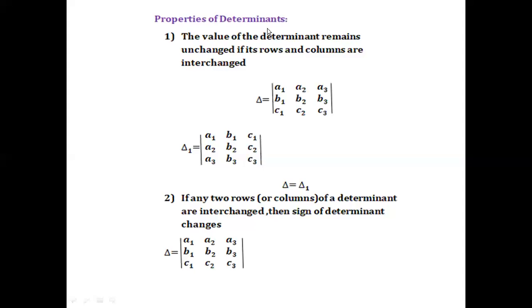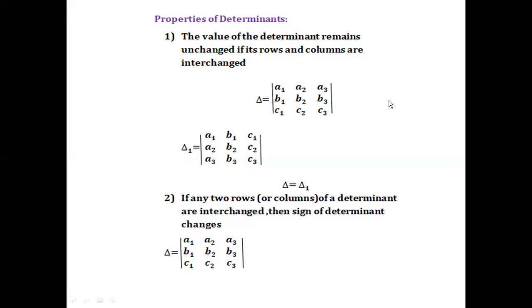Now properties of determinants. First property: the value of the determinant remains unchanged if its rows and columns are interchanged. Suppose this is a general determinant; we denote it by this triangle, called delta, which is equal to this 3 by 3 determinant.